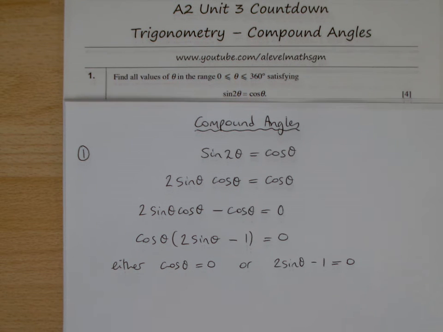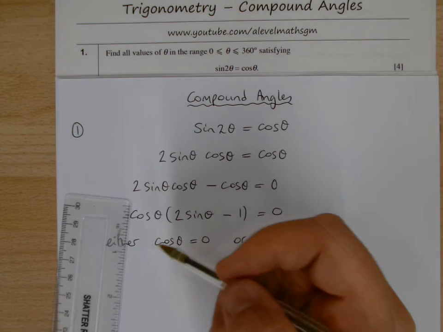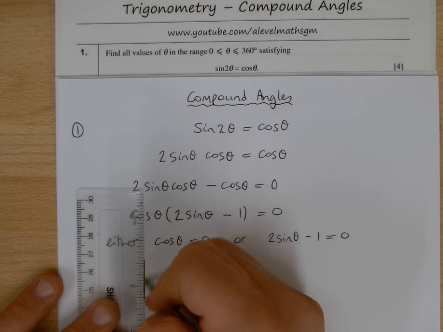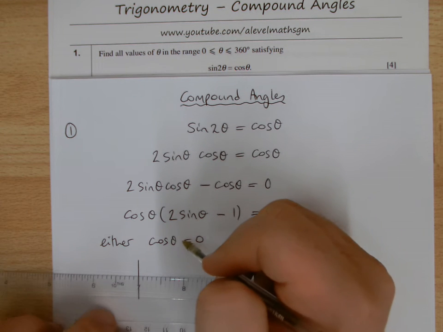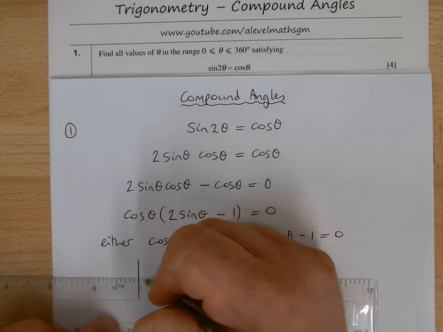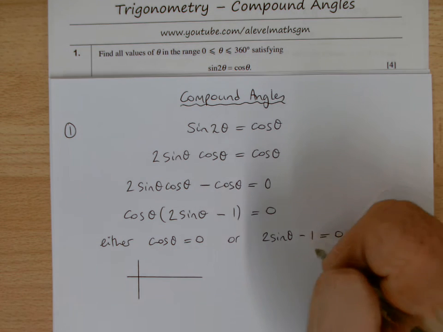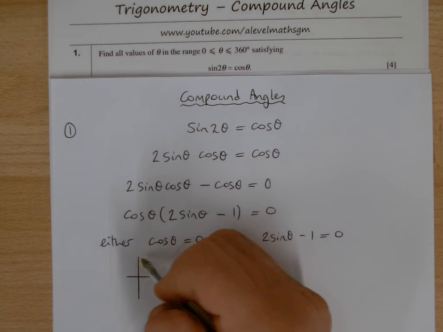So if cos theta equals 0, those results can come quite quickly. If cos is equal to 0, or if it is equal to 1 or minus 1, what I would do is just do a quick sketch of the cos graph. It doesn't have to be spot on, because we're not necessarily thinking about symmetry like we are going to be with the result for this. We just need to remember the shape of the cos graph.